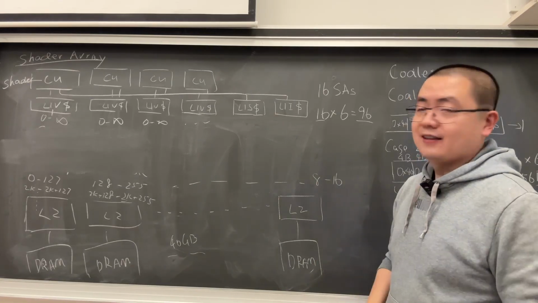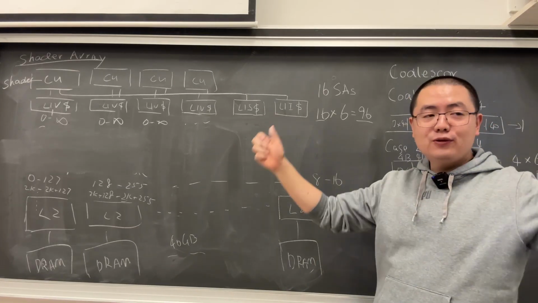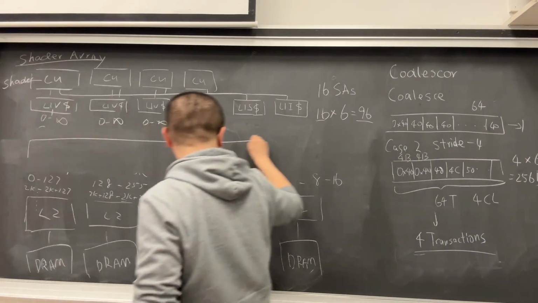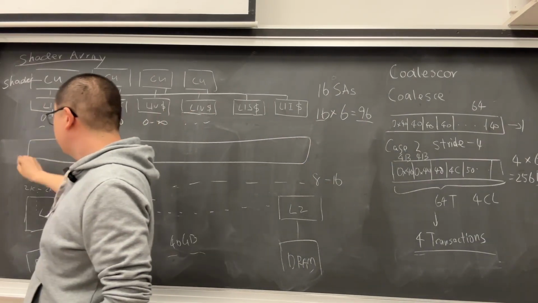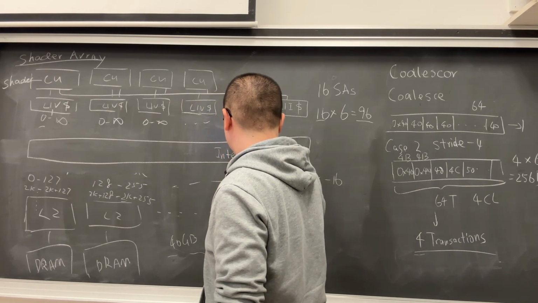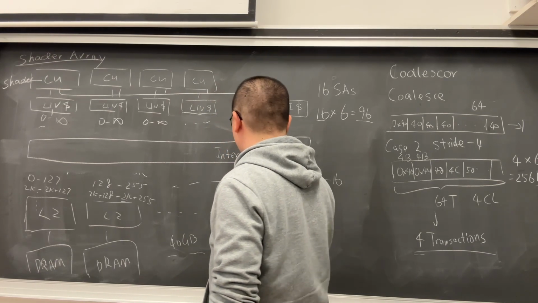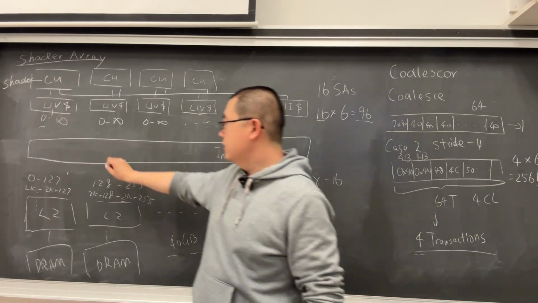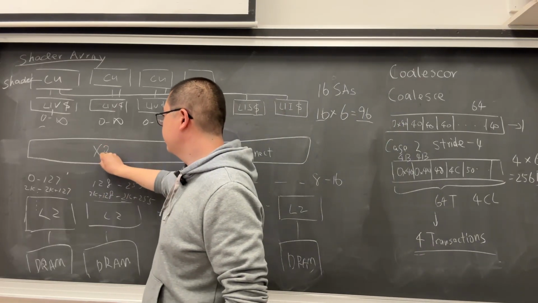So what's happening is there's a huge network. We call it interconnect. Or if you want to know the technology here, in most GPUs, this is done by a crossbar.